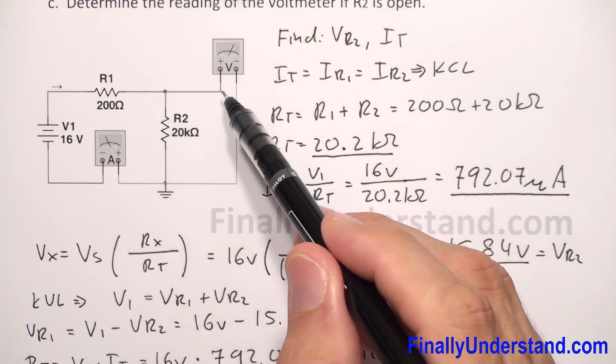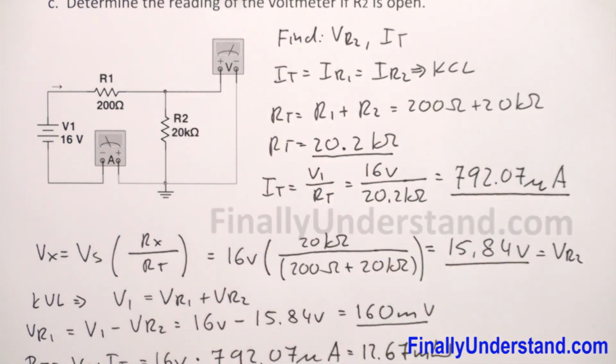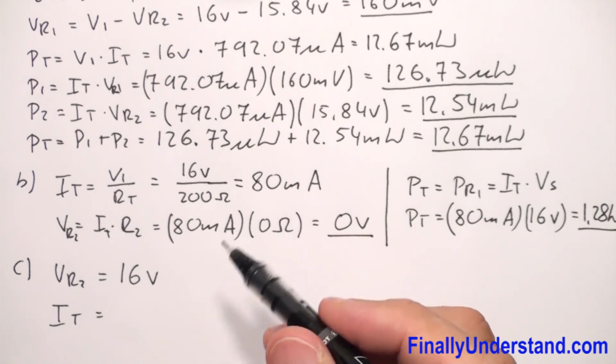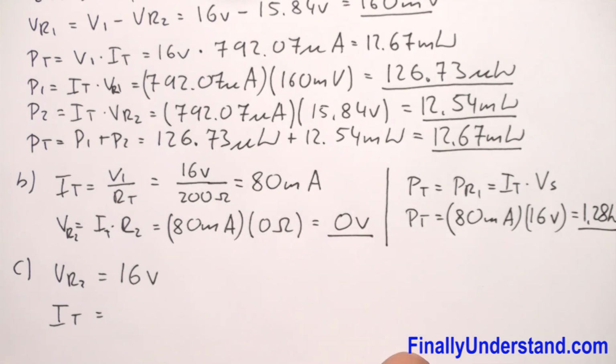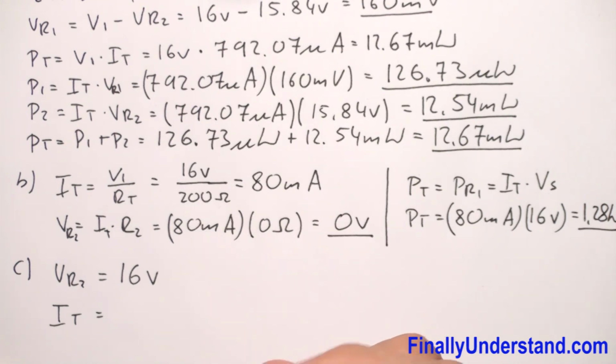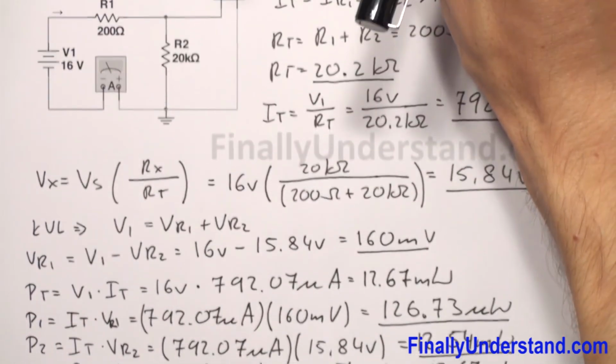That's why we are going to say that current is equal to 0, because the internal resistance of the voltmeter is not specified. That's why I'm going to say that I total is approximately equal to 0 amps. Okay, and these are basically the solutions to my problem.